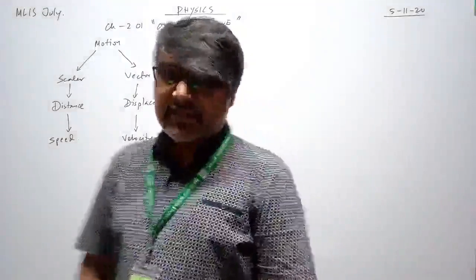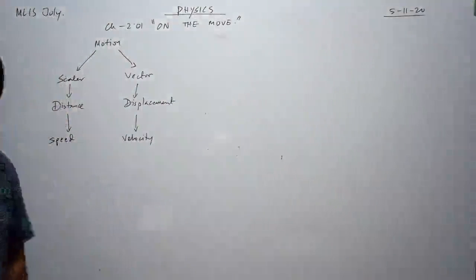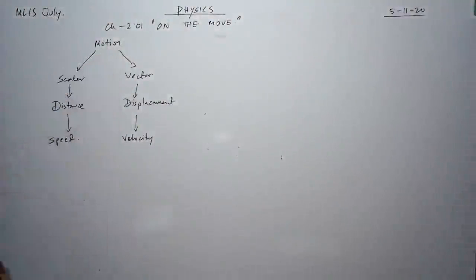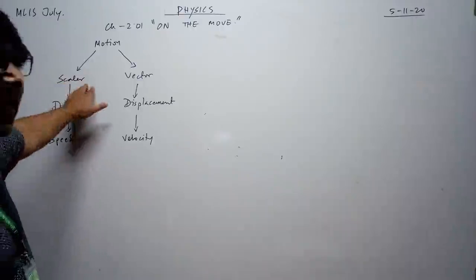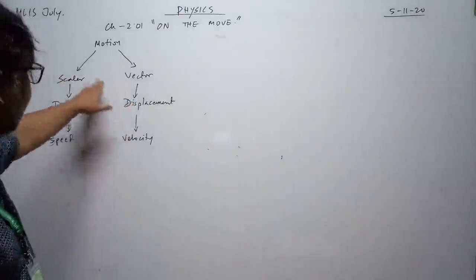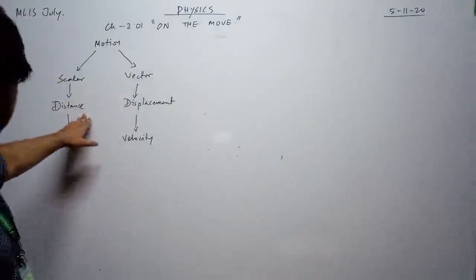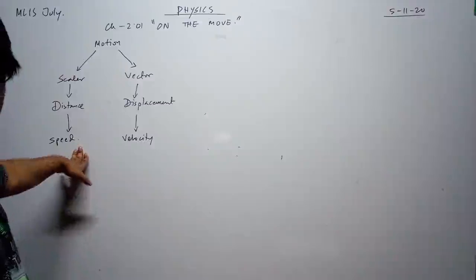Previously, in our physics class, we had a deal of discussion about motion and how motion can be related to scalar and vector quantity. Last class we discussed what a scalar quantity is, what a vector quantity is, and a type of scalar quantity relating motion is distance, and distance traveled in unit time is speed.